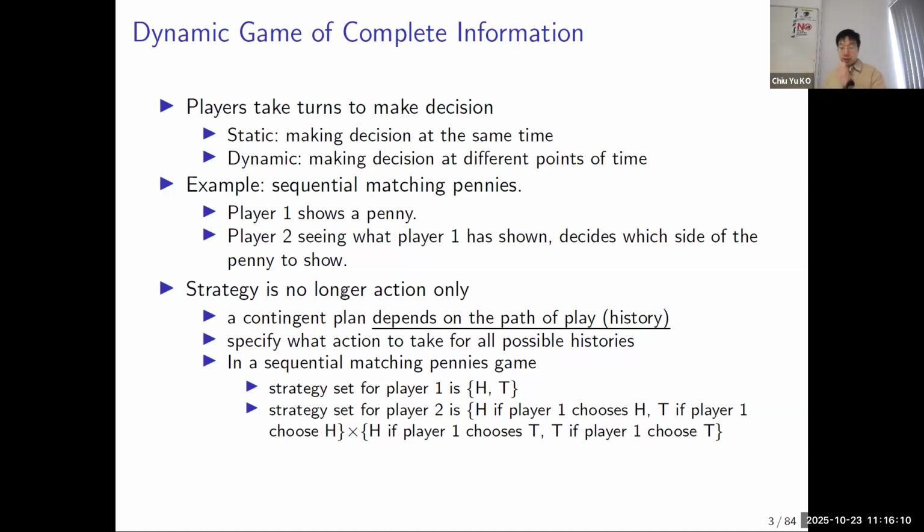It's not just an action, but an action based on what other people have done. So it's more elaborate. That's why we have to talk about static before going dynamic. Or in general, it's what has been done so far. So that's why we say it depends on history.